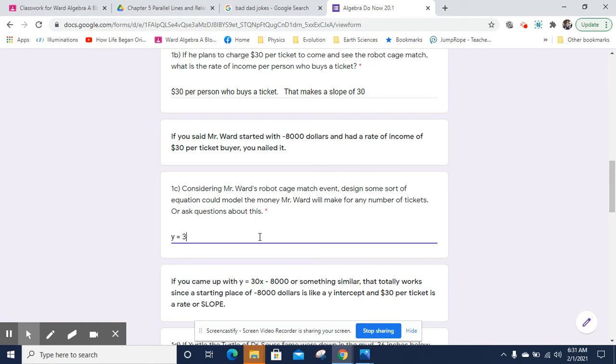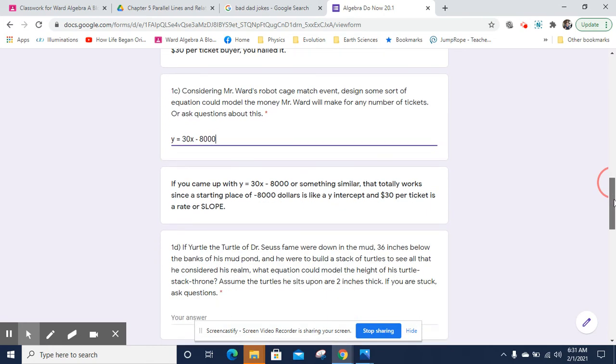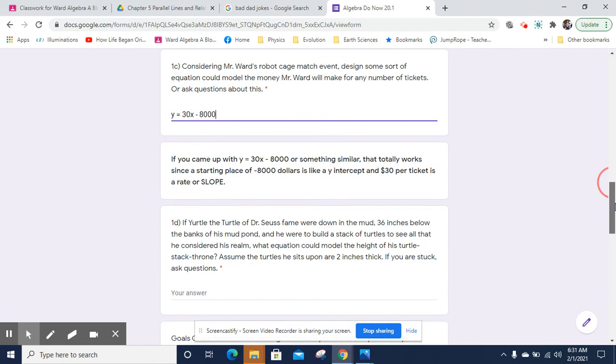So I'm going to have 30 as my slope times x, and then I'm going to subtract 8,000 because my y-intercept is negative 8,000. And that will give me my equation. So here you go. If you came up with that or something pretty similar, that works pretty well.